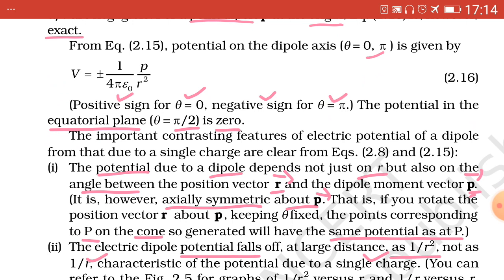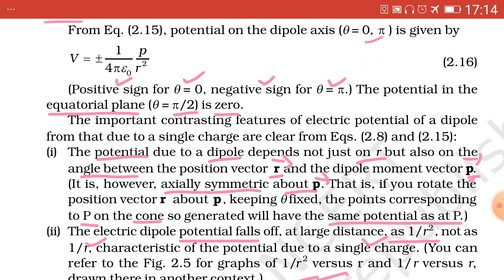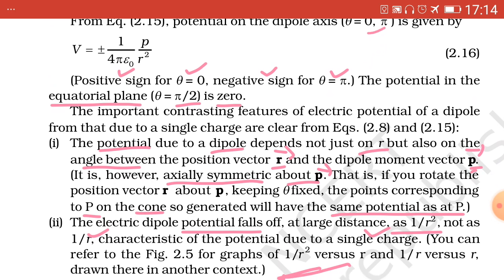Now again a special case: in the equatorial plane, that is when theta equals pi by 2, meaning cos 90 degrees is zero, V equals 0. All these are important for objectives.